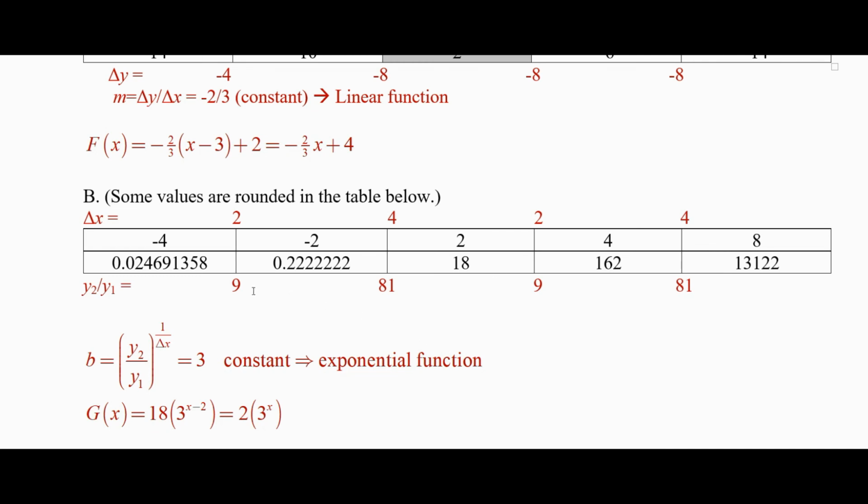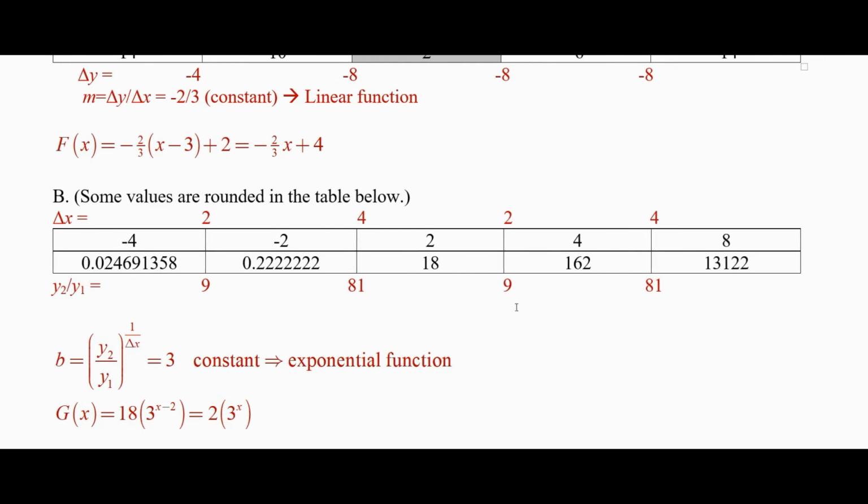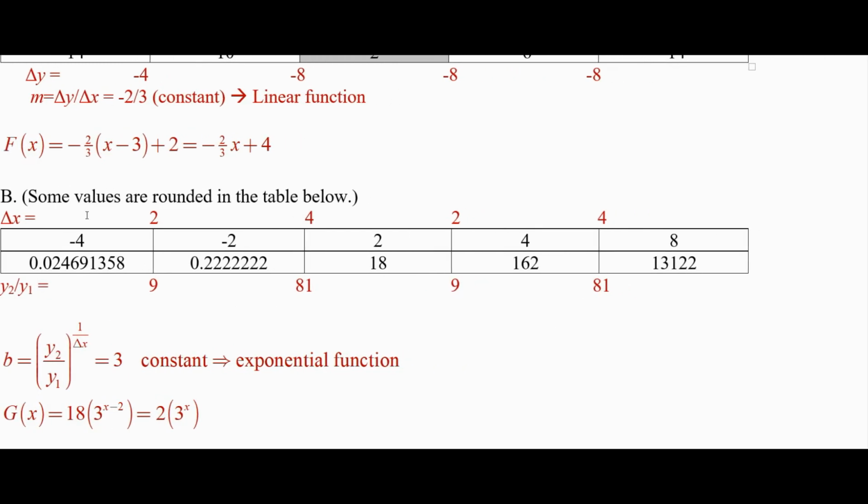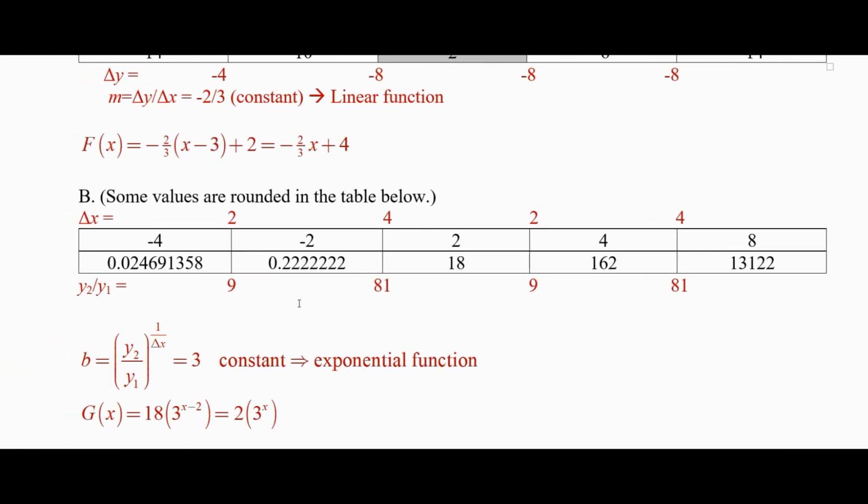This one down here is exponential. Delta x is 2, 4, 2, 4. But here what I'm going to do is not subtract the y's, which is clearly different, but I'm going to divide. And here I get 9, 81, 9, and 81, which at least approximately, some of these values have been rounded off in the table, so at least you get approximately those values.